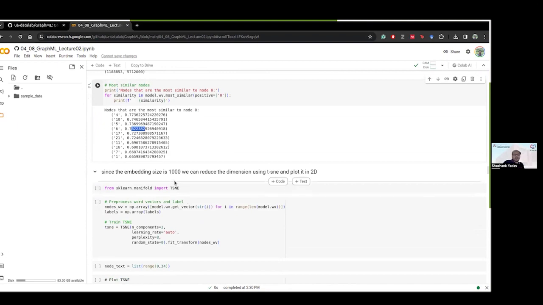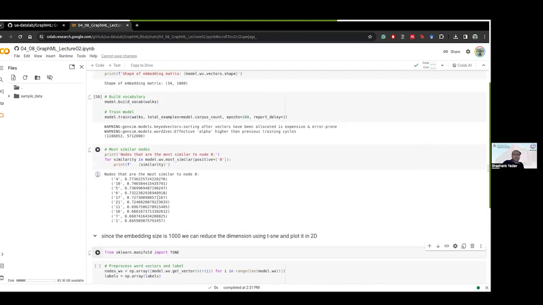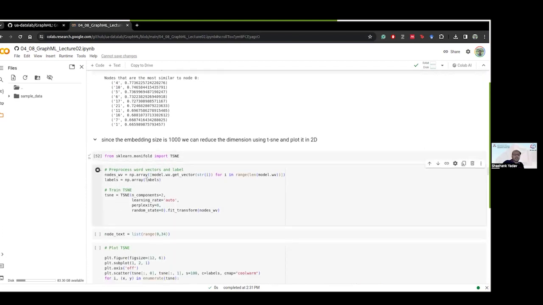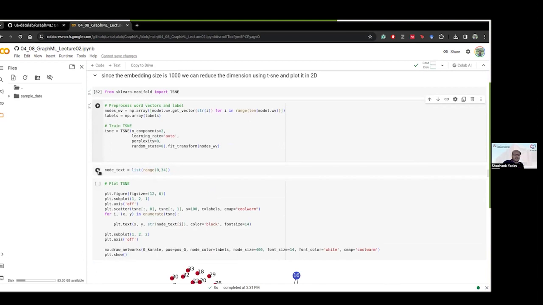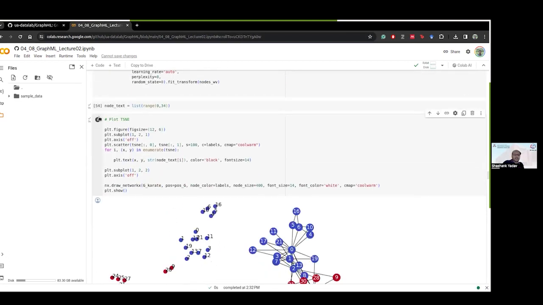Okay, since we put our embedding size as 1000, we cannot visualize it, but for visualizing that, we can reduce the dimension using TSNE, which is a dimensionality reduction technique, and plot it in 2D. So you can import TSNE from the sklearn library, and based on these embeddings, we can run it onto the embeddings, have these node texts, and then we can plot it. Yeah.